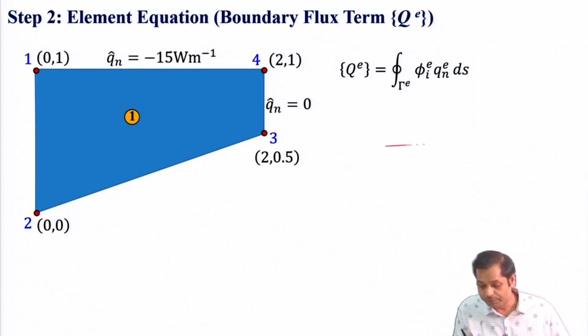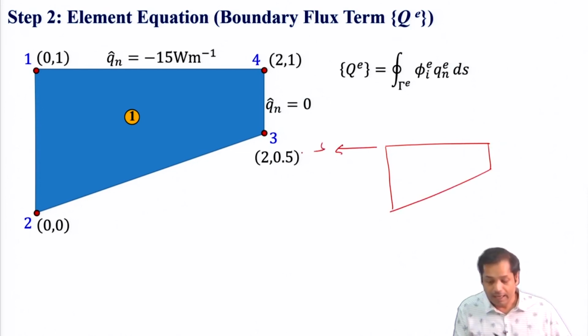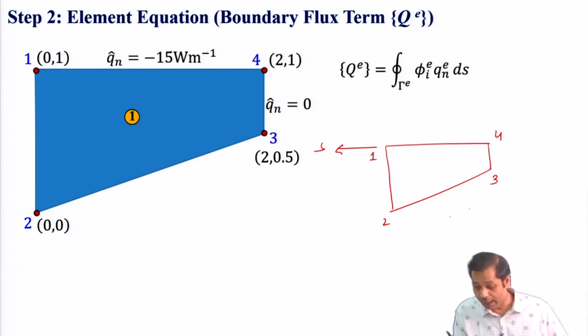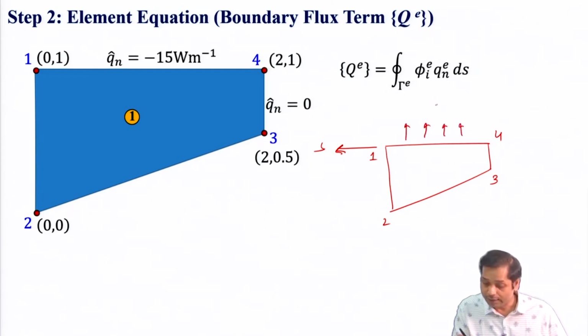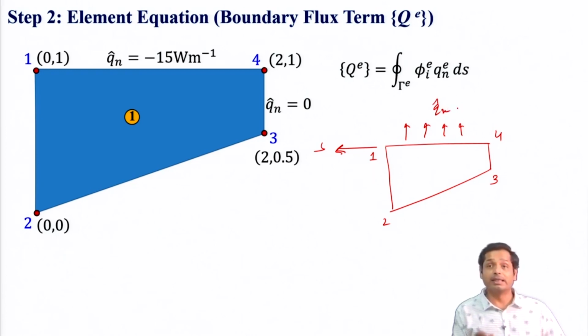This is our element, and we can have a local coordinate system S, and the node numbers are 1, 2, 3 and 4. We are going in the anti-clockwise direction, so the direction of S will be this, and on this we have a constant Qn.